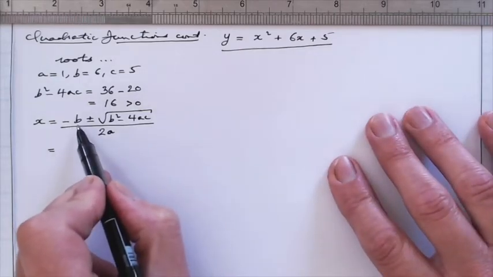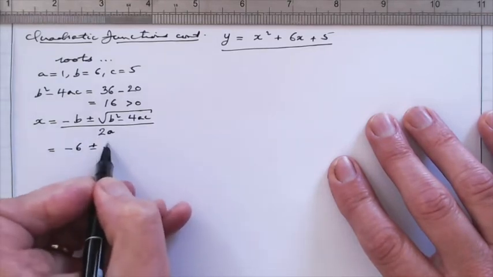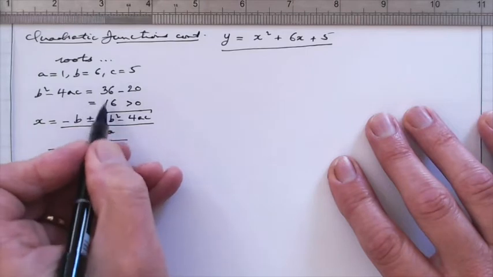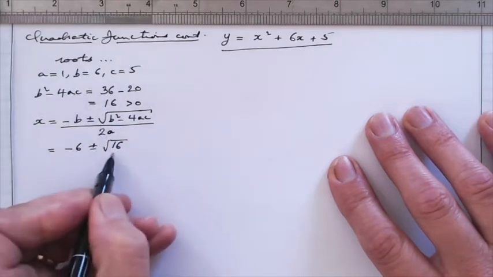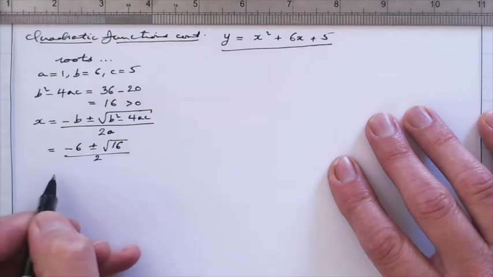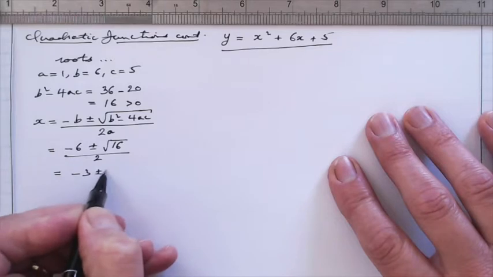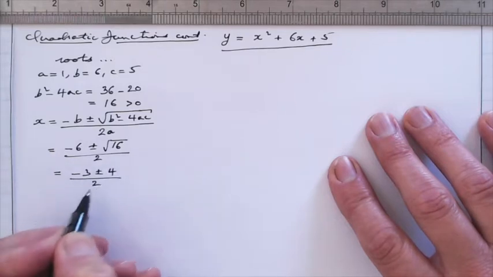Anyway, it's minus b, so it's minus 6, plus or minus the square root of the discriminant, which we've already worked out, which is 16, divided by twice a, which is 1, so it's just divided by 2, and we get minus 3 plus or minus 4 divided by 2.